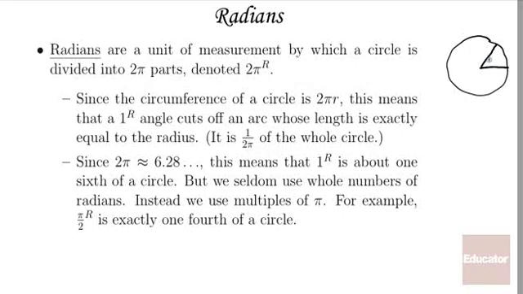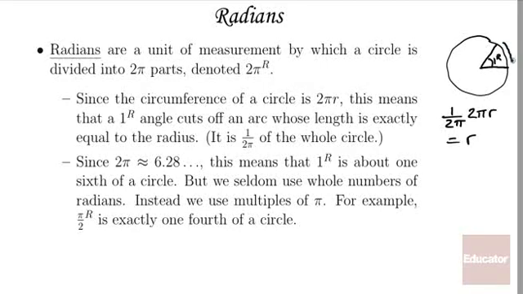What that means is that a 1 radian angle, well, if the entire circle is 2 pi radians, then 1 radian, use a little r to specify the radians, cuts off an arc that is 1 over 2 pi of the whole circle. And since the circumference is 2 pi times r, if you have 1 over 2 pi of the whole circumference, what you get is exactly the length of the radius.